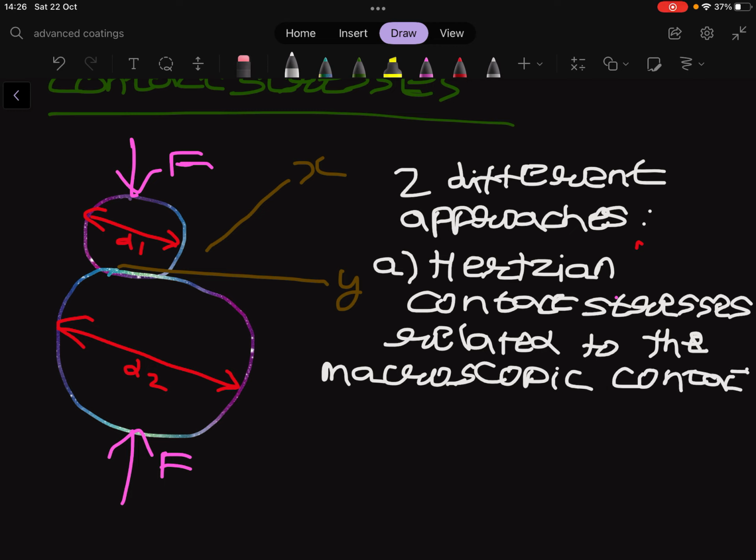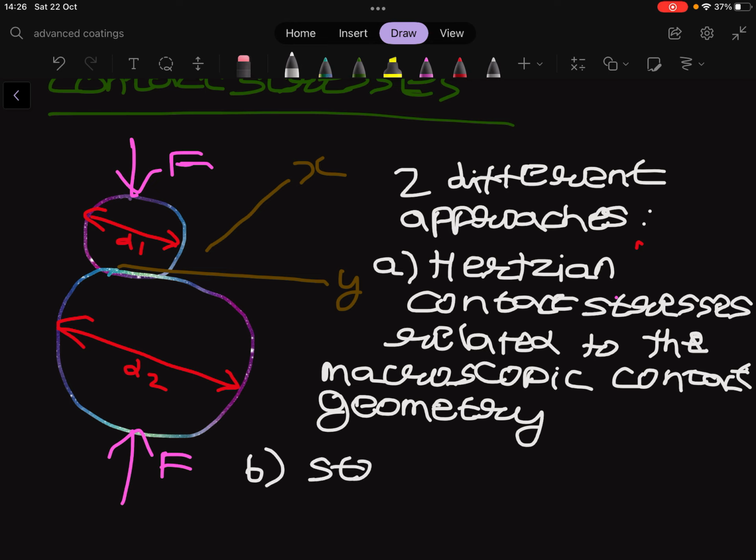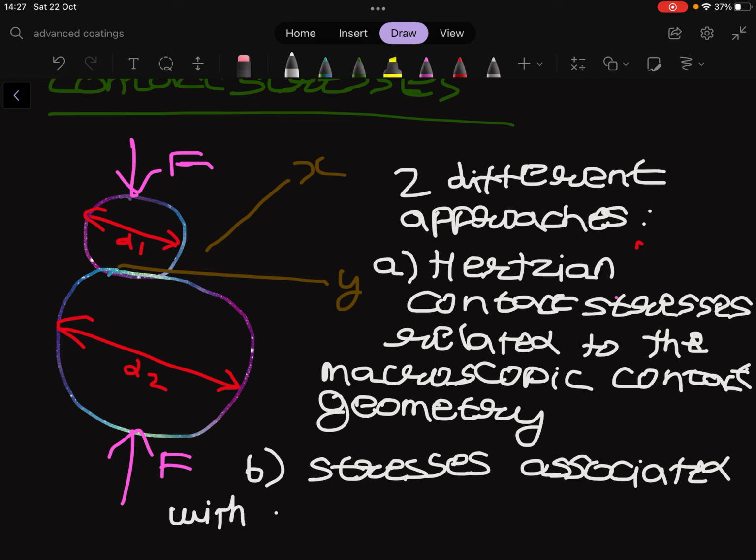The other approach is stresses associated with microscopic asperity contacts.